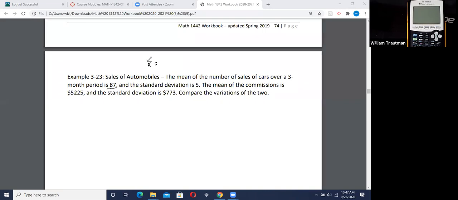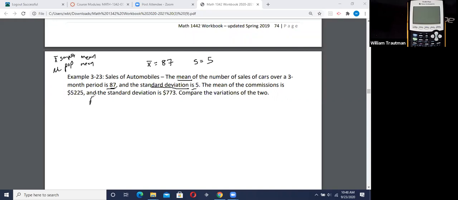This is the sample mean, and this is the symbol for population mean. So the sample mean is 87. You have to read these problems and understand. The mean is 87. The standard deviation is 5.